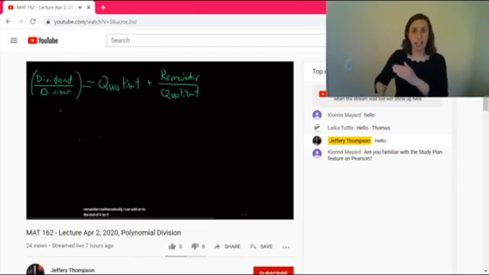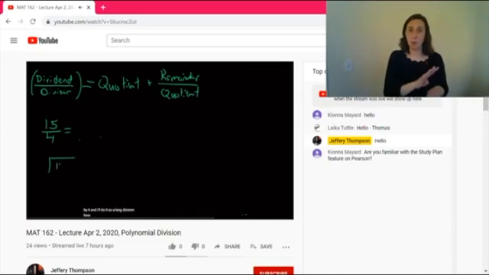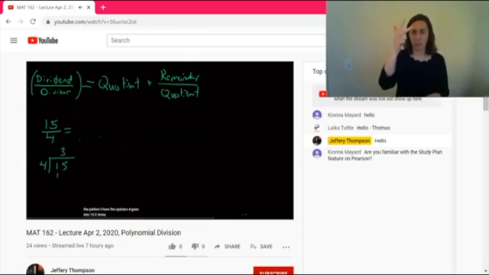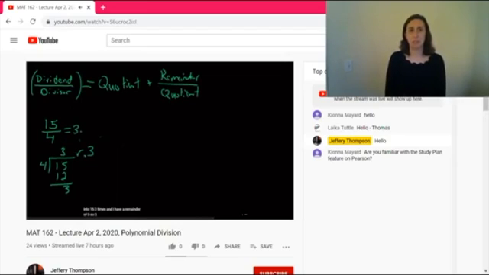So if I do 15 divided by 4, I'll do it as a long division here. And this is where I'll see it as the pattern. I have the upstairs. 4 goes into 15 3 times. And I have a remainder of 3.